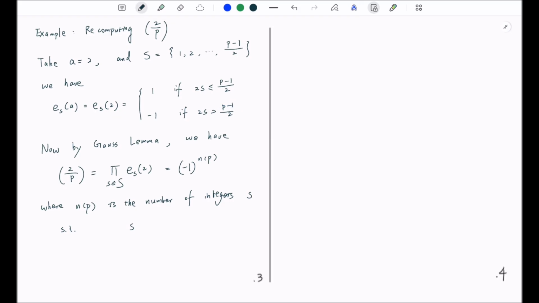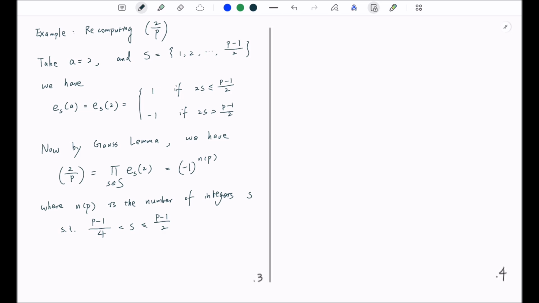Or in other words, s bigger than (p-1)/4. And the largest possible number for little s is (p-1)/2. So now let us count how many integers there are satisfying these inequalities.